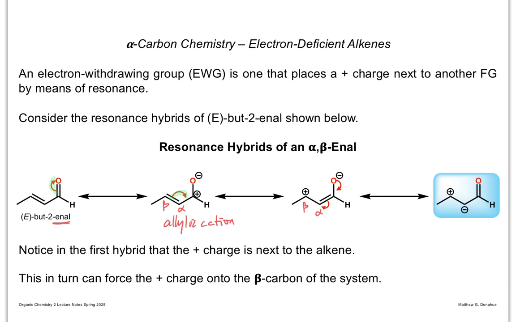So in one sense, you can think about the structure in the blue box, how the charge is related. We know that from the alpha carbon, we can generate enolates. But now, due to resonance, that beta carbon is positive, so it's an electrophile.